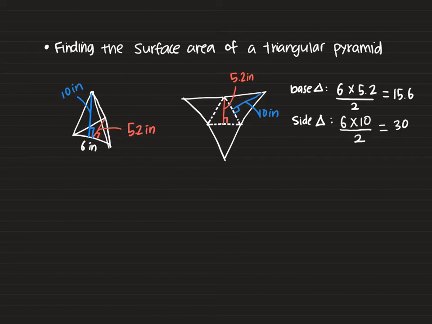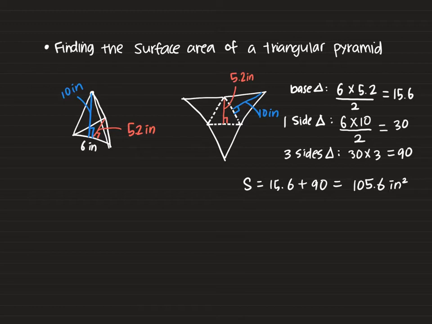That's one triangle out of a total of 3 sides that you have. So I do 30 times 3, which gives me 90. If I add 15.6 plus 90, my total answer is 105.6 inches squared for this pyramid.